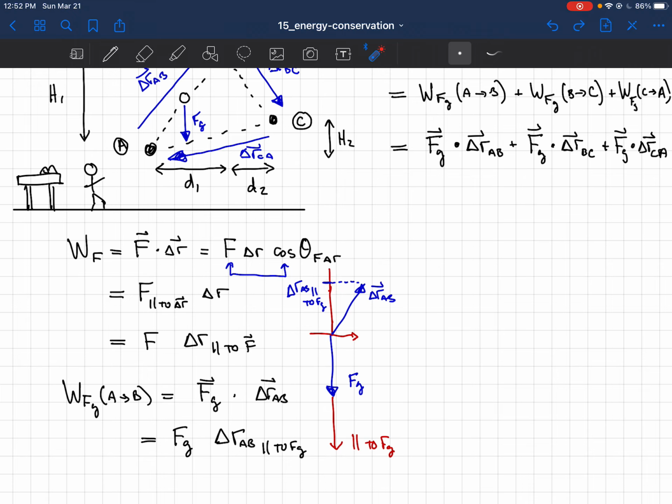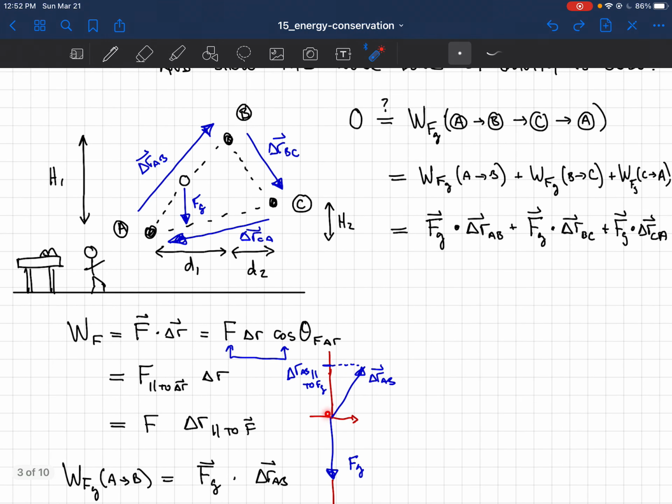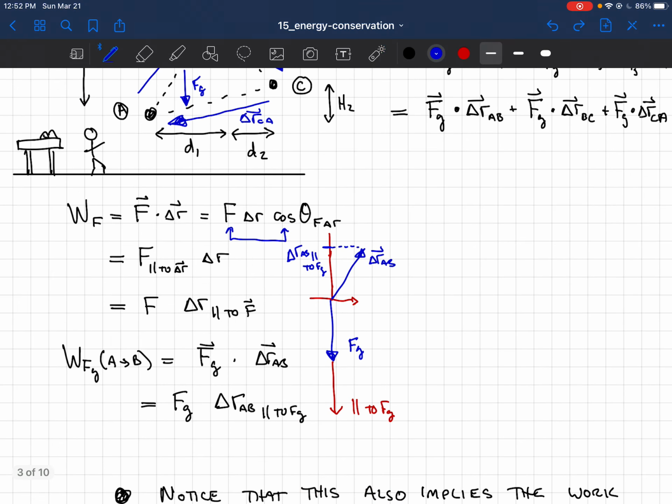So because it points backwards compared to Fg, it's going to be a negative number. And you can see, if there was an angle, we could find it as the magnitude cosine theta. But if you look at the picture, what is this distance? Well, it's just h1. So I can write this as Fg times minus h1, because that's the component of delta R parallel to Fg.